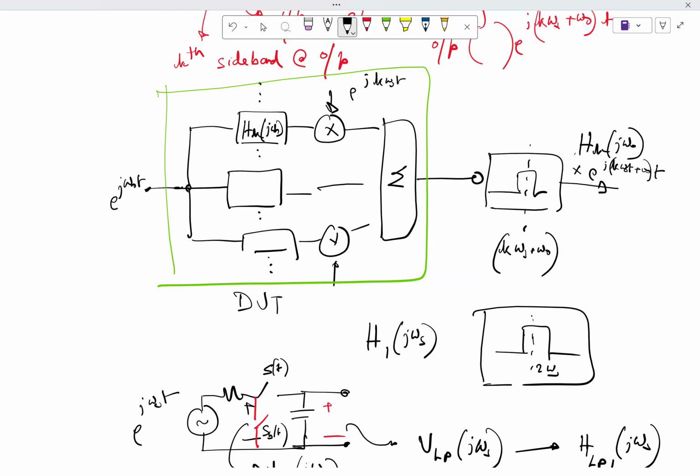Then you basically find out h(t, tau), find h(j omega, t), right? So once you find h(j omega, t), then for each value of t, each value of t is going to give you some h(j omega), correct?